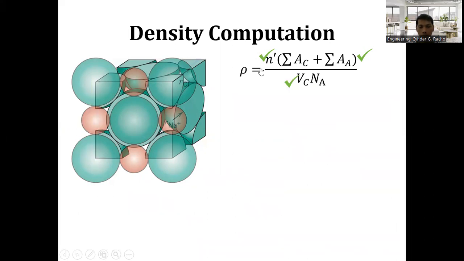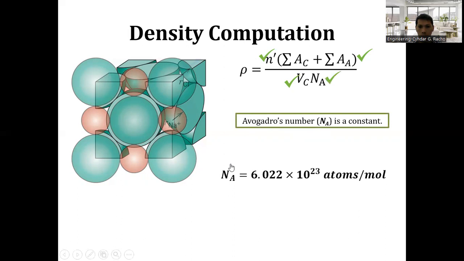So we have the n prime, the summation of the atomic weights of the cation and the anion, and then your V sub C. Lastly, we will use Avogadro's number to compute the theoretical density.